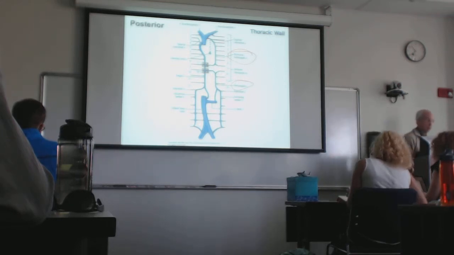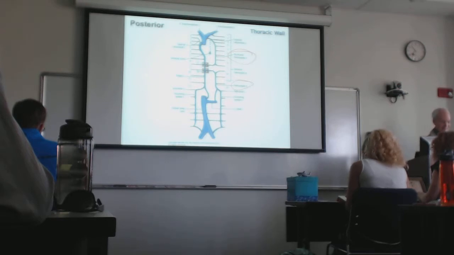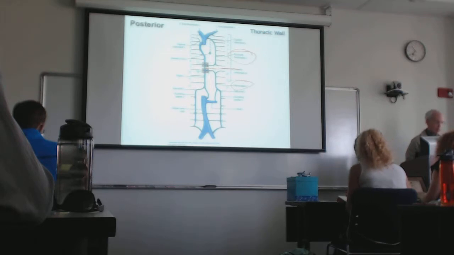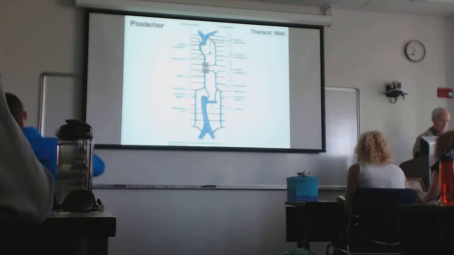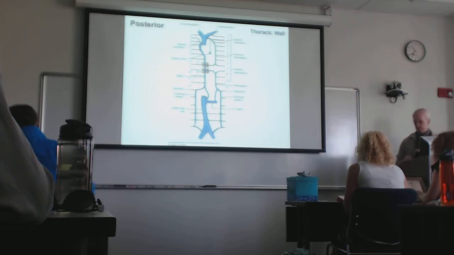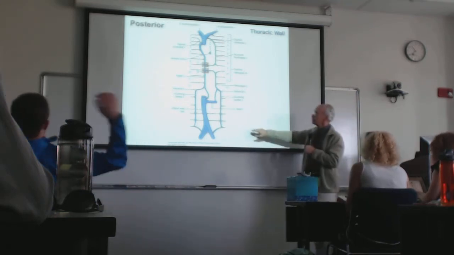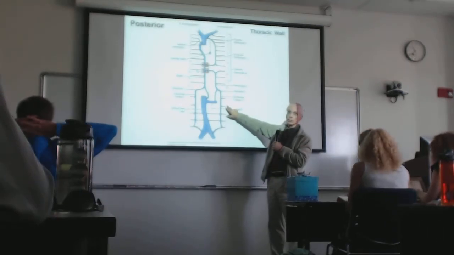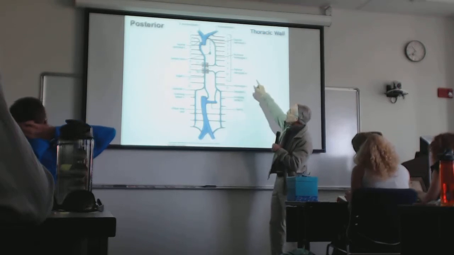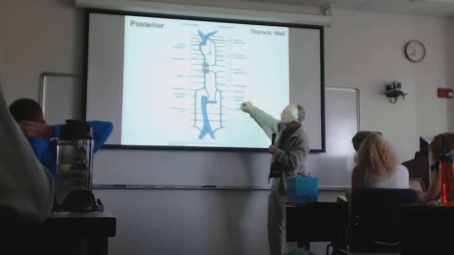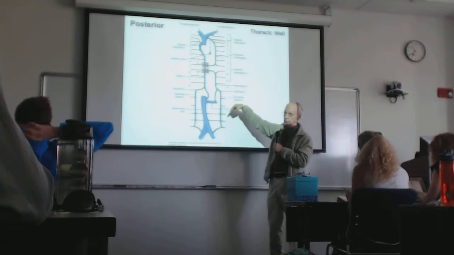There's generally, in most individuals, a discontinuity between those two at about somewhere between T7 and T10, T7 and T9. So the problem is that the left side is extremely variable. Sometimes the hemiazygos and the accessory hemiazygos are connected. Sometimes they're not.